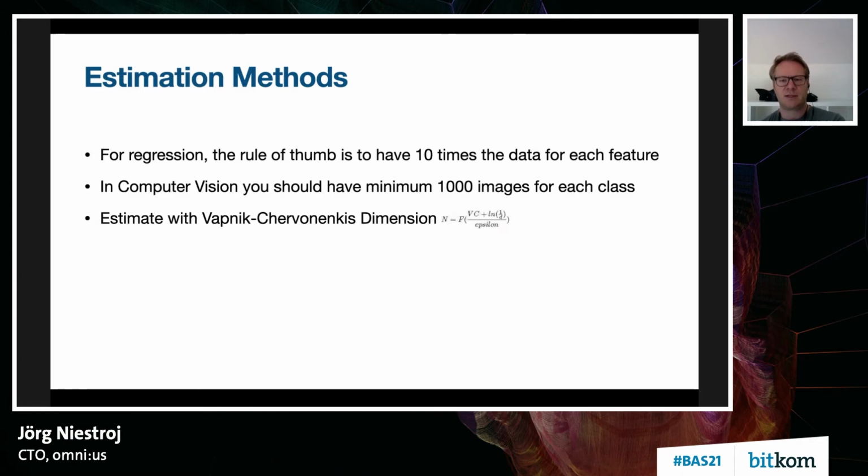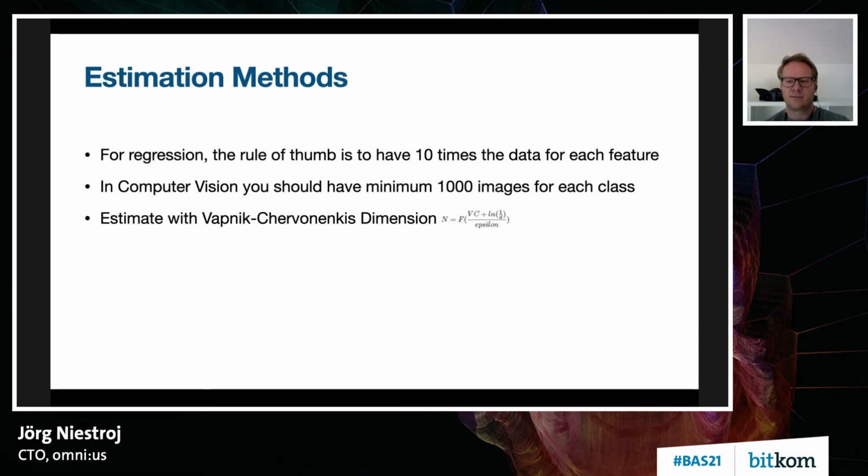But this also depends on the complexity of your use case. If you want to detect a chair on an image, it's easier than detecting different colors of chairs. And it gets more complex if you want to detect chairs with their brand and their color on an image. Then you may need many more images than just to detect a chair on an image.